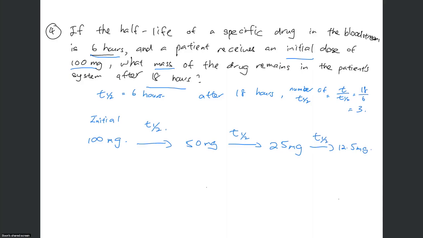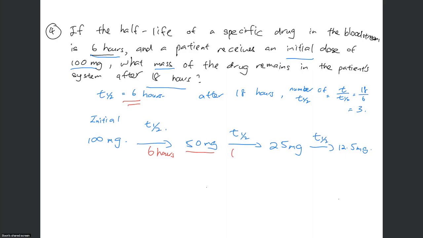Another way to do it is this way. We know that the half-life is 6 hours. So 100 milligrams, after 6 hours, is 50.